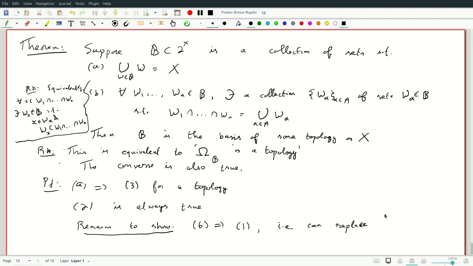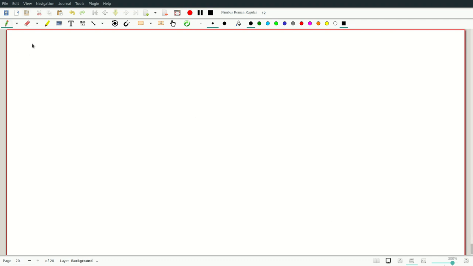That is, we can replace Wi in B by Vi in omega B. So if we know that intersections are nice for sets in B, then they are also nice for sets in omega B. Okay, we'll write this as a lemma, and thanks to our criterion, I'll restate it in the following way.